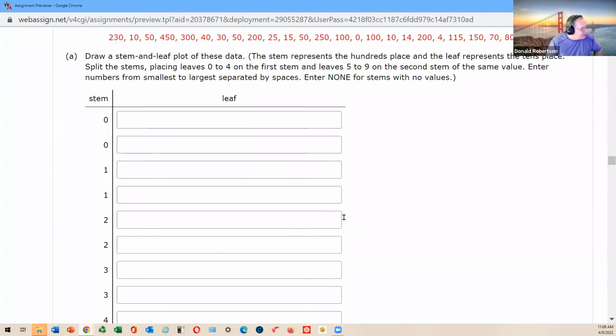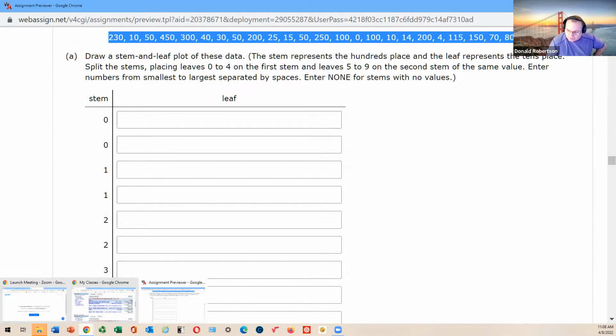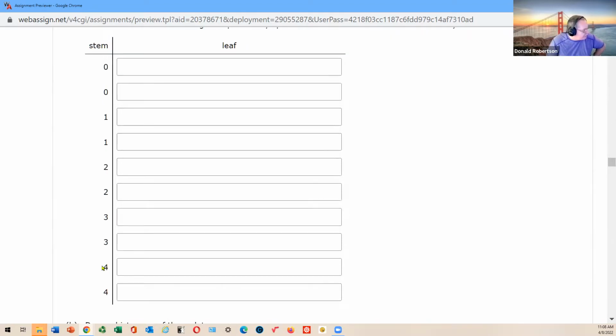Now, what's happened here is that we have a list of data. That's all these numbers in here. And we are going to take this data and put it into a stem and leaf, but it's going to be broken into halves. So for instance, these stems represent hundreds, so that's 400 and something, that's 400 and something.